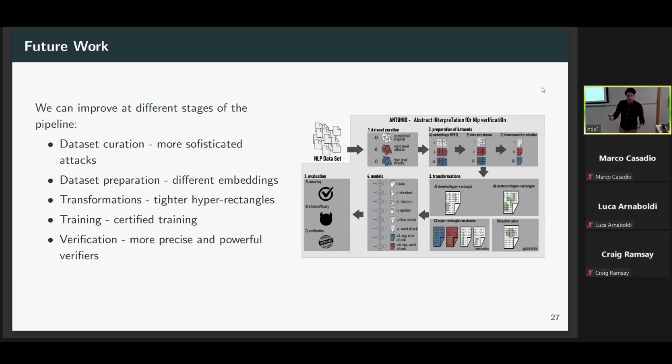But for example, in the medical one, while character attacks work well as well, word attacks were very bad. They didn't make sense. So instead, we try to use more sophisticated attacks, like some state-of-the-art sentence attacks that had better results. And more importantly, that they make sense semantically.